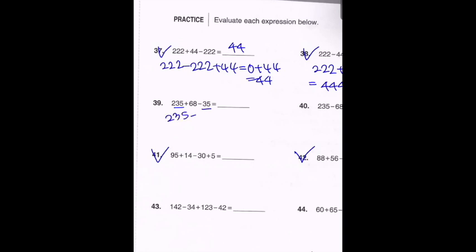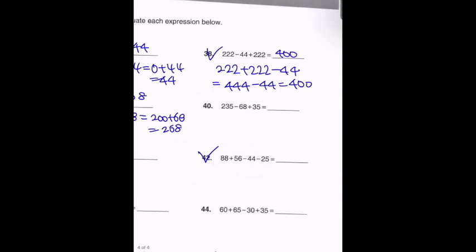So if we rearrange it like this, that's going to be 200 plus 68, so we get 268. Then for problem 40, we have 235 plus 35 minus 68, and that gives us 270 minus 68, which is 202.